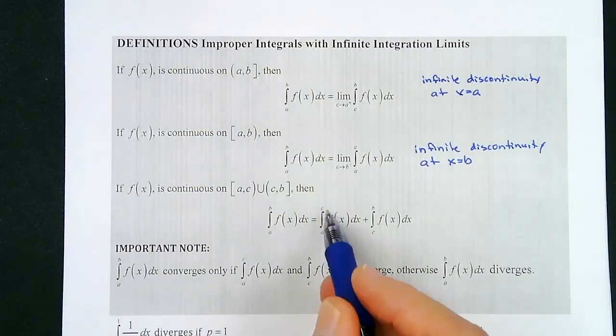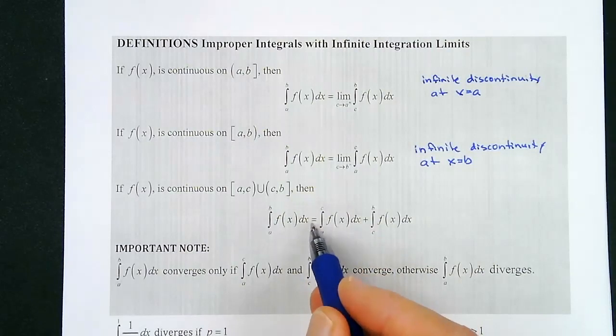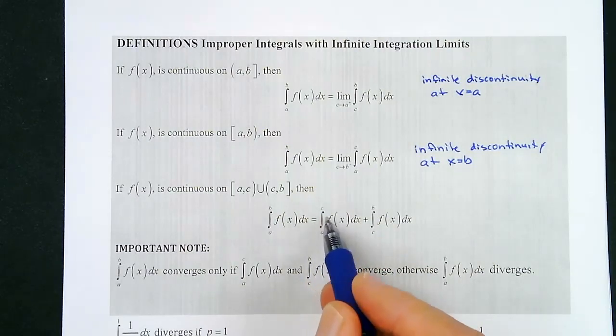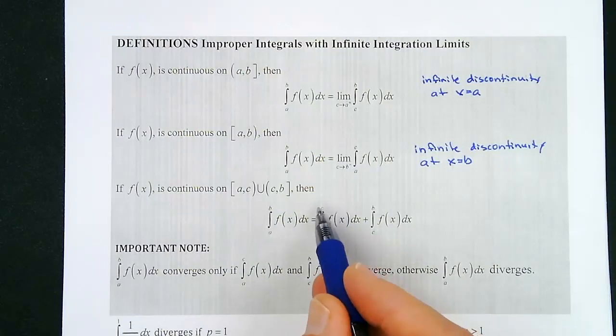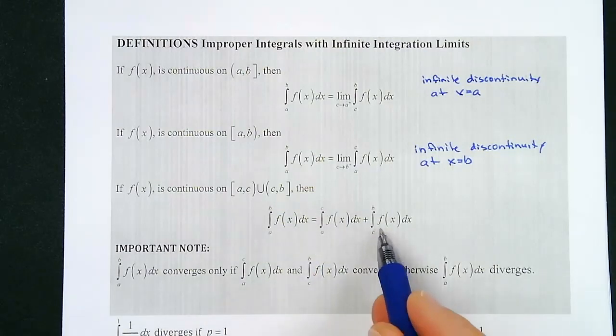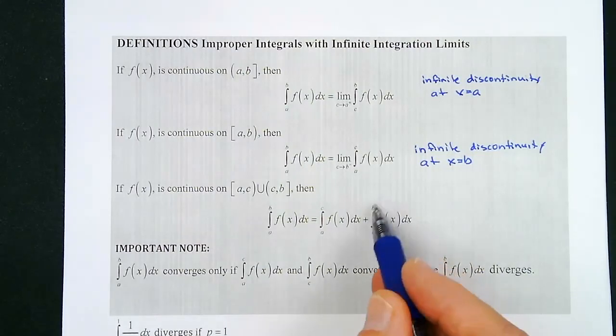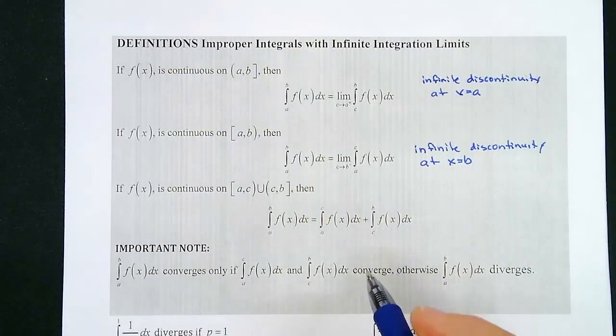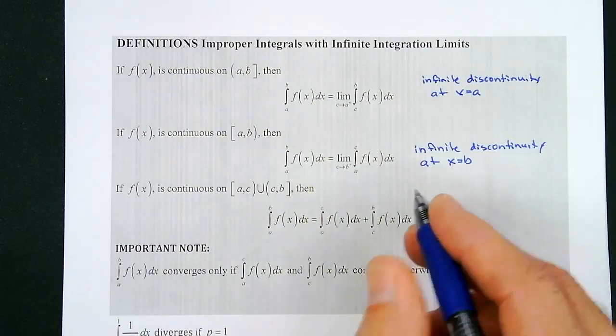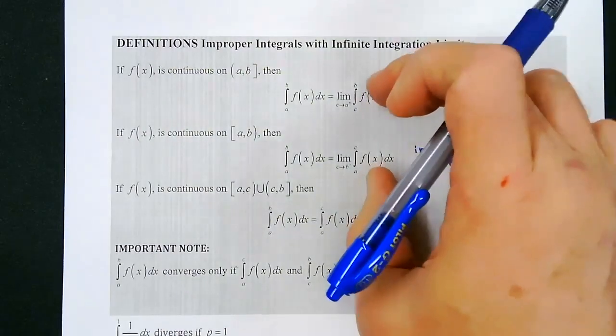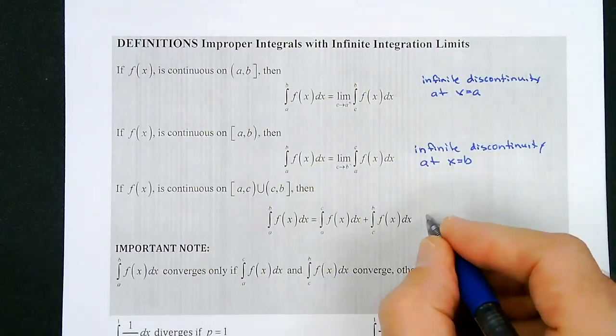Then we rewrite this as the limit as x approaches c. Since c is the upper limit for the first one, we approach c from the left. For the second, c is the lower limit, so we approach c from the right-hand side, because this integral would be to the right of c. So again, we break it up into two of these, is what I'm basically saying.